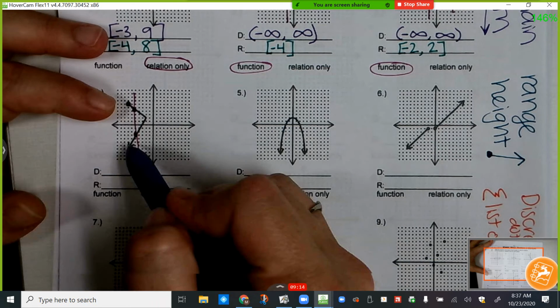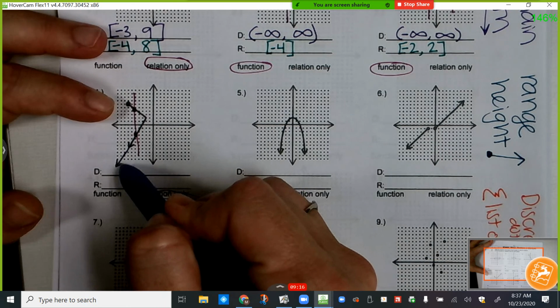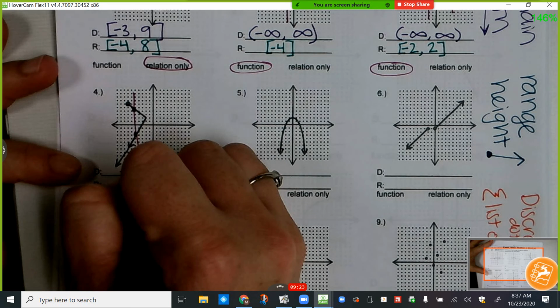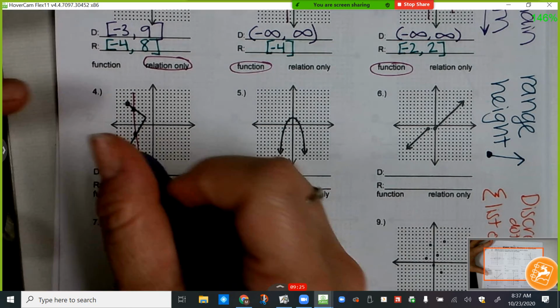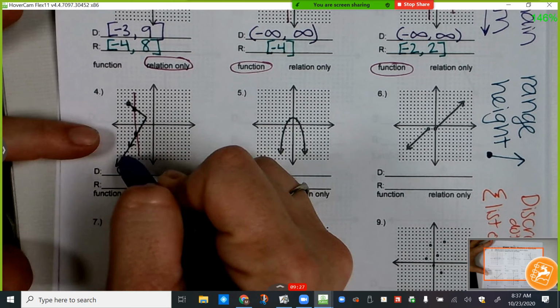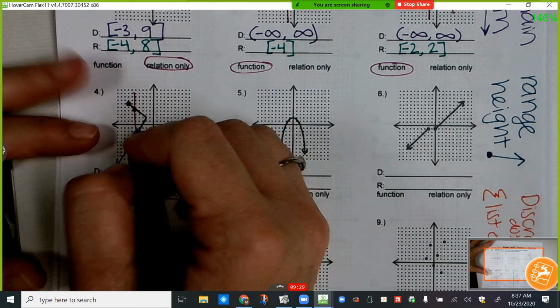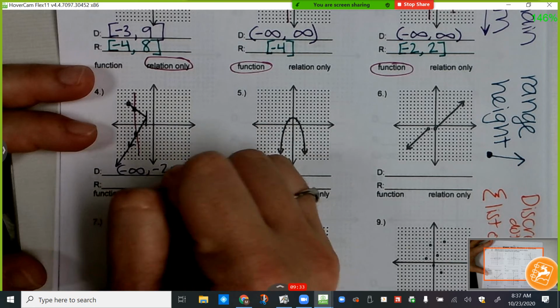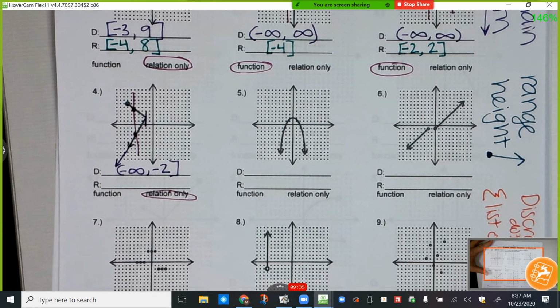But this arrow means that this direction is going to keep going. So what is the farthest left this goes? Negative infinity, because we're going to the left. Because of that bottom piece, it is going to keep going left. Okay, what's the farthest right it goes? Negative 2. And it's got a solid line, so we're going to use a square bracket.